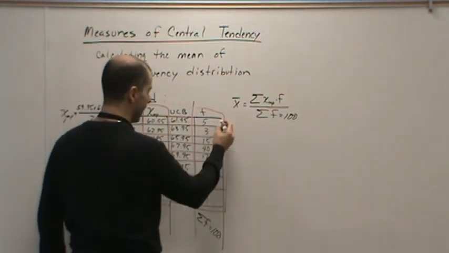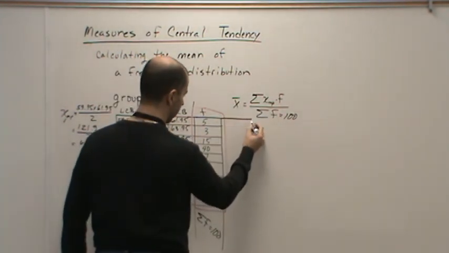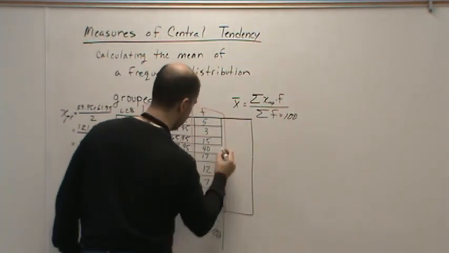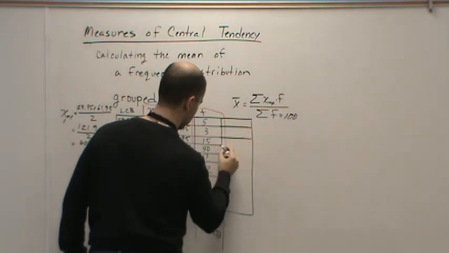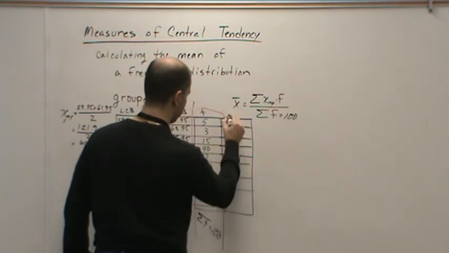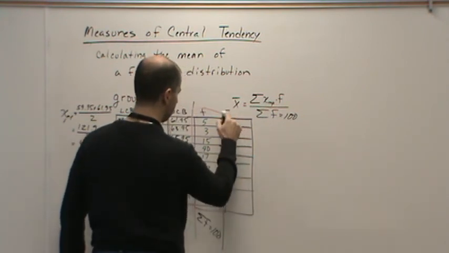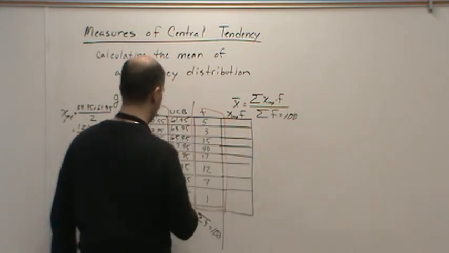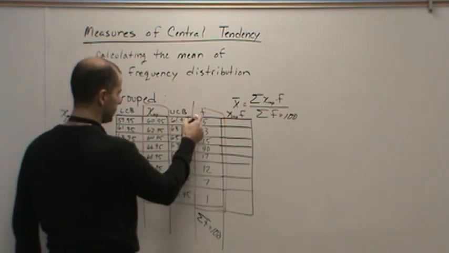Okay, which it does. Now we just need to figure out what this is. Well, if we extend the column, this is going to be x sub mp times the frequency. So we're going to take this column times this column.